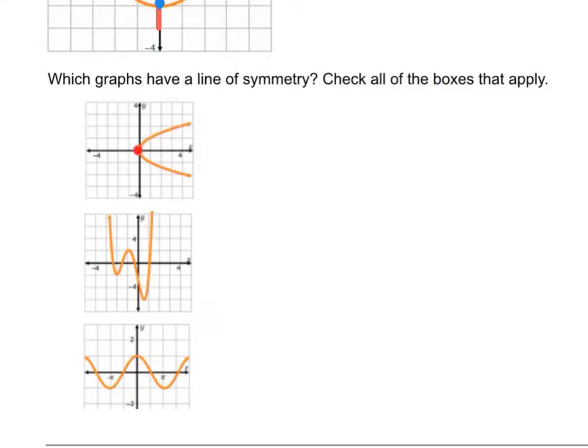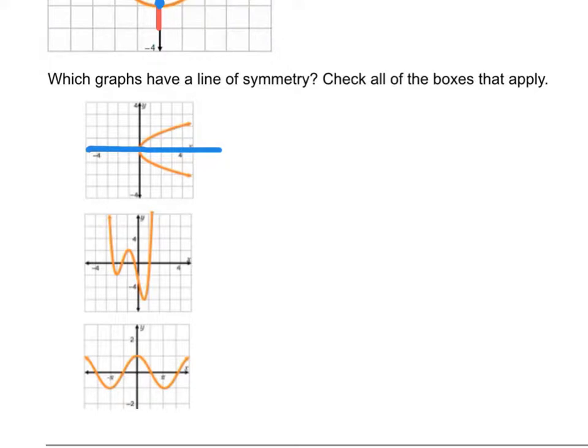The way I think about it is, can I cut this graph in half so that each point is equidistant from the line of symmetry? In this case, we have a horizontal line that goes through what looks like a sideways parabola.